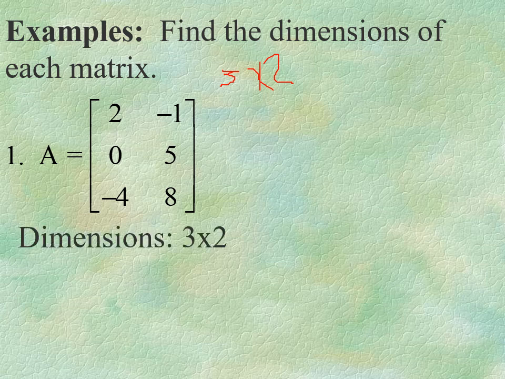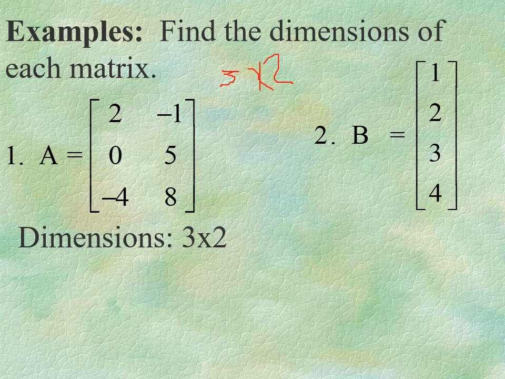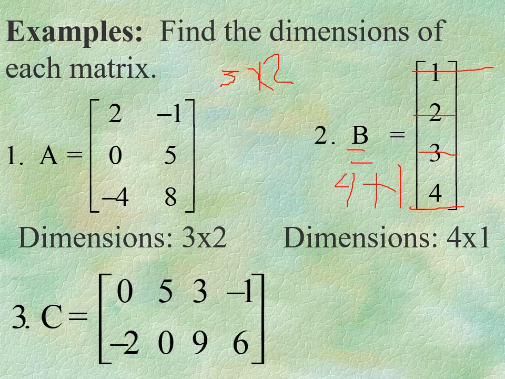So its dimension or order is 3 by 2. The matrix B: number of rows 1, 2, 3, 4, so it has 4 rows and 1 column, so it's 4 by 1. And here 1, 2 rows and 1, 2, 3, 4 columns, so it's 2 by 4.